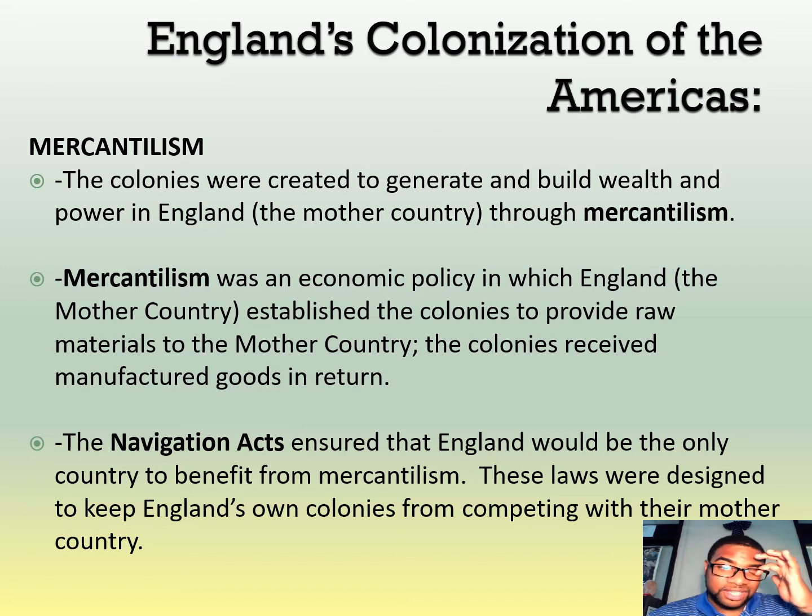The colonies received manufactured goods in return. So basically, England used America for its resources. The Navigation Acts ensured that England would be the only country to benefit from mercantilism. These laws were designed to keep England's own colonies from competing with the mother country.